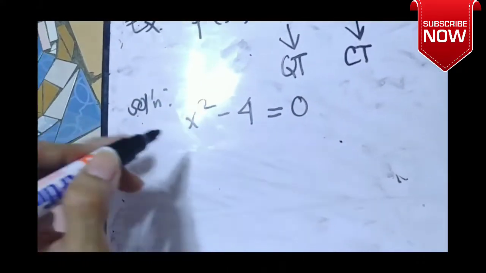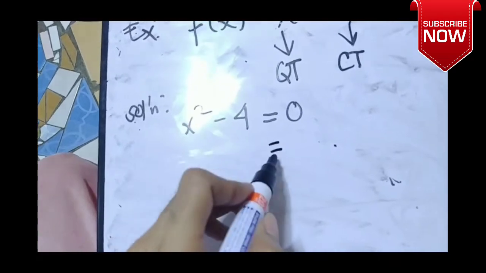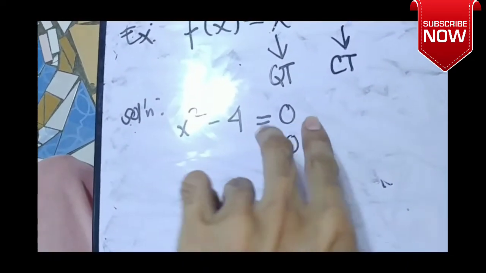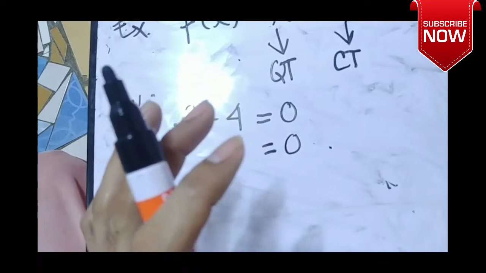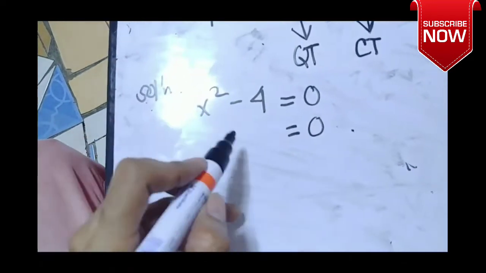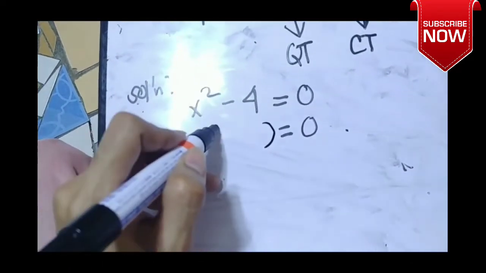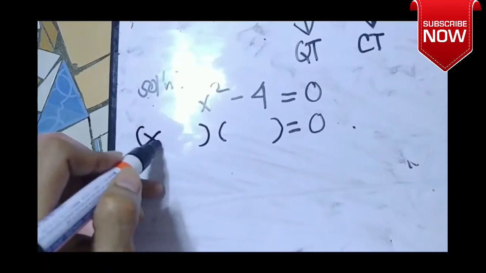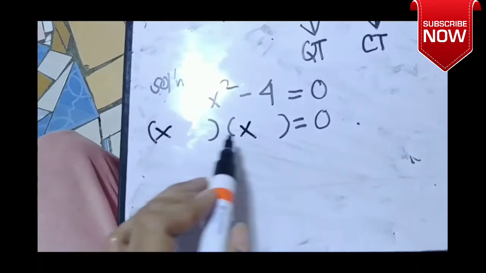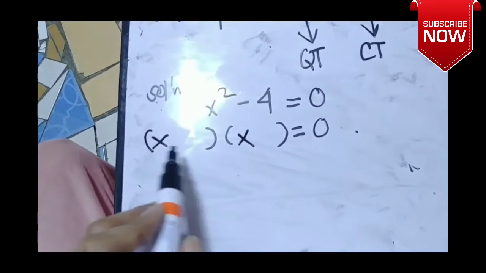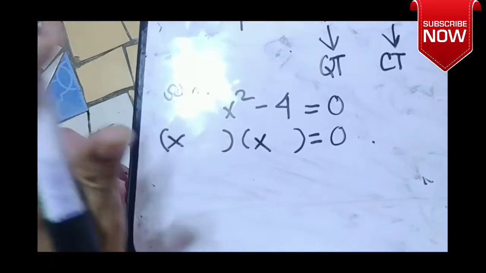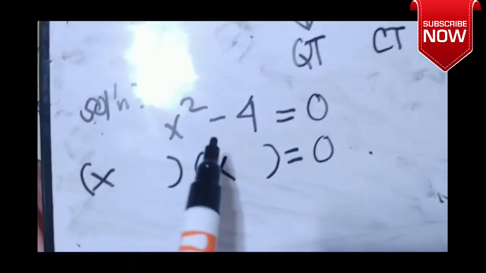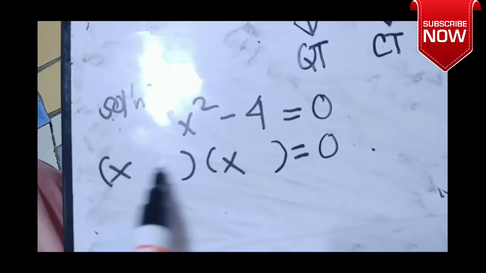So, sa pag-factoring, automatic, maglagay na kayo ng equals 0 sa tapat mismo ni equals 0 para mas convenient tignan. Okay? And then automatic, dalawang open and closed parenthesis. Then automatic, x, x. Bakit x, x? Kasi pag minultiply mo ang dalawang x, ang sagot ay x squared. So meaning tama. Ang problema lang natin, hindi natin alam kung ano yung ilalagay nating sign after x.